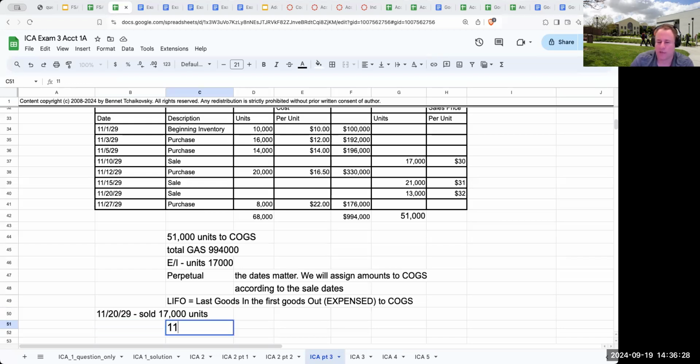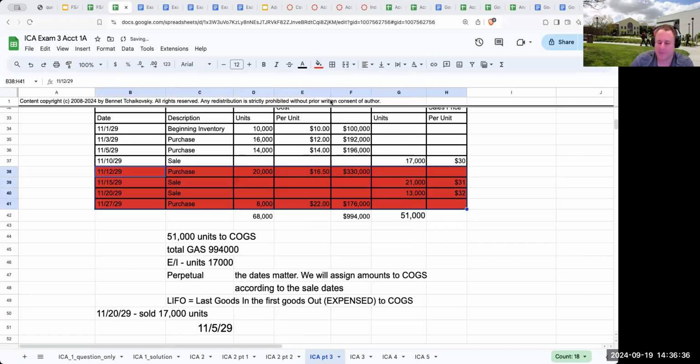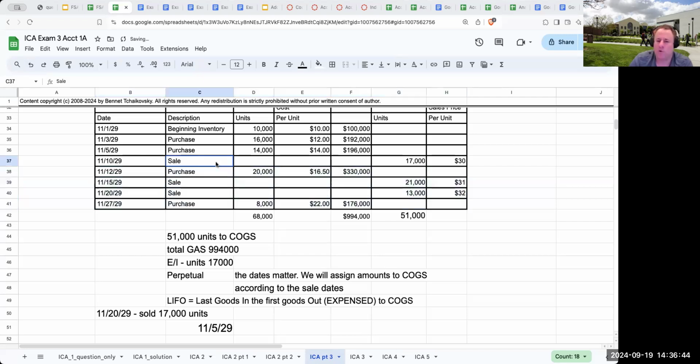I'm going to go over here to 11/5/29. Why am I doing it here? Well, these dates have not yet happened. That's in the future. We don't have a DeLorean. We don't have a hot tub time machine. We don't have those things. But what we do have is a purchase from 11/5. That's last in, first out to cost of goods sold.